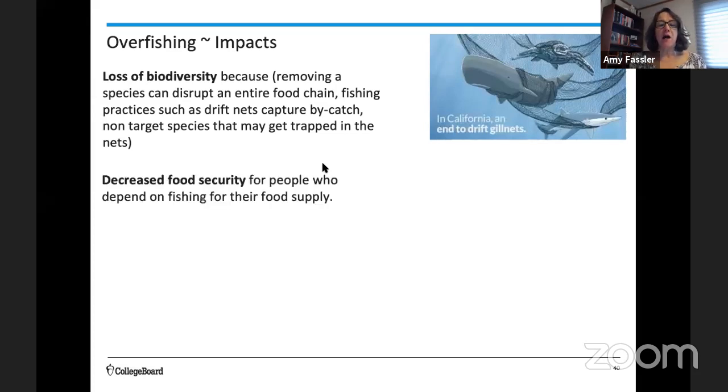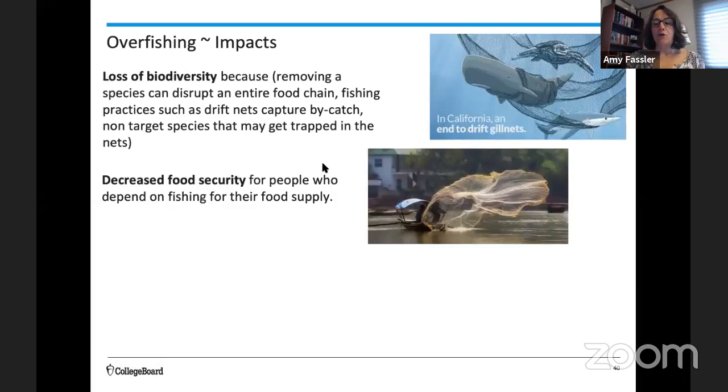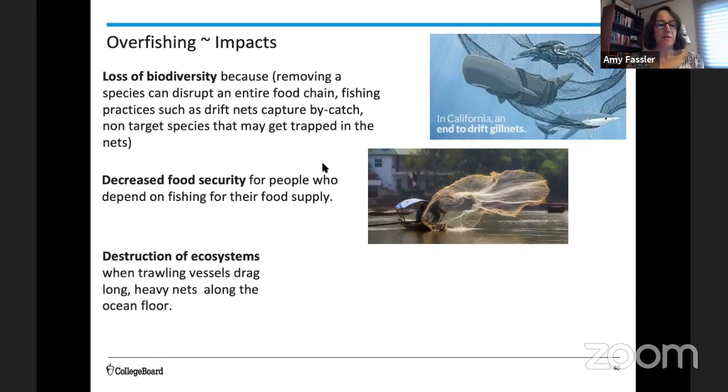Another impact of overfishing is loss of food security for people that are fishing on a more sustainable or subsistence level, where they're catching enough fish through small scale fishing techniques to feed their family and maybe sell a little bit.